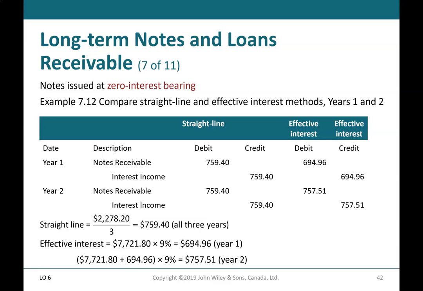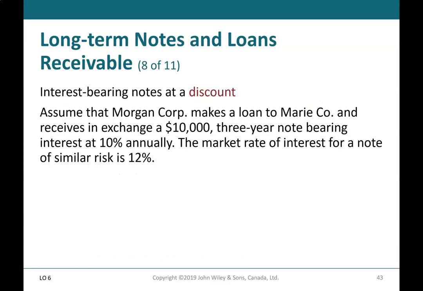So you would debit $694.96 and credit interest income for $694.96. Then in year 2, you would have the same journal entry under the straight line method, where you would debit notes receivable for $759.4 and credit interest income for $759.4. Under the effective interest rate method, you would debit notes receivable for $757.51 and credit interest income for $757.51.